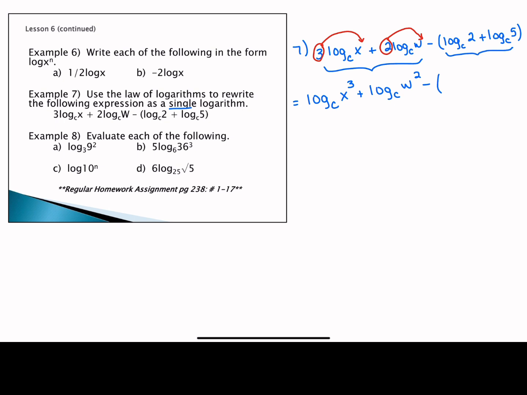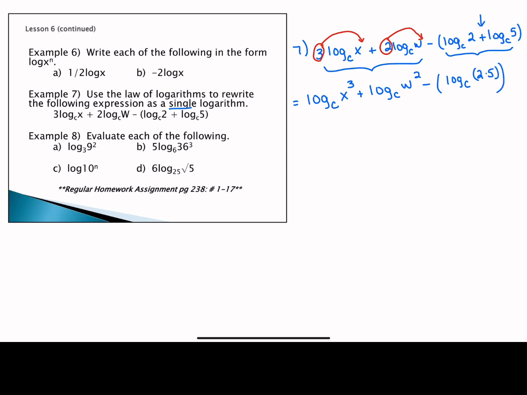And again, I'd like to make sure you're aware that these quotient rules or product rules or power rules are all being utilized when the bases in your expression are all the same. Because these are all base c logarithms, it's okay for me to combine them or make them one. So inside those brackets, instead of log base c of 2 plus log base c of 5, that plus sign tells me I can use the product rule. So this really becomes log base c of 2 times 5.